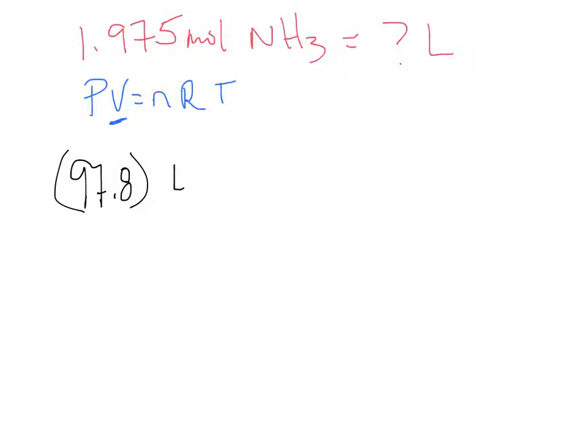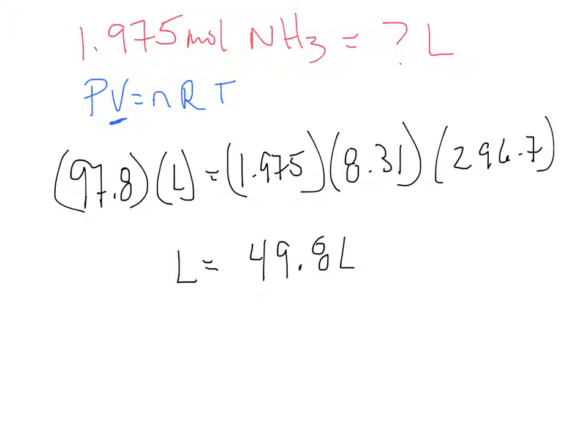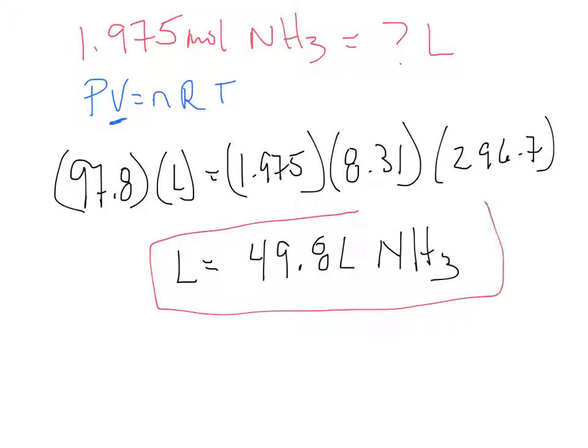We don't know what our volume is. We know that our moles here is 1.975 that we just calculated. Our gas constant is still 8.31, since we're in kilopascals in our volume here. And our temperature is not changed, so we're at 296.7 Kelvin. Now we rearrange our equation here to solve for L, and we get that the volume is 49.8 liters of ammonia.